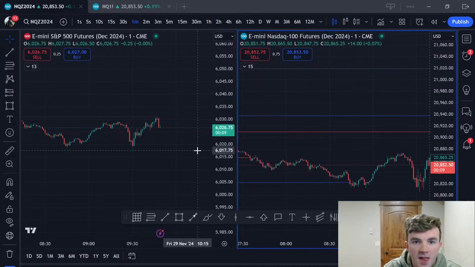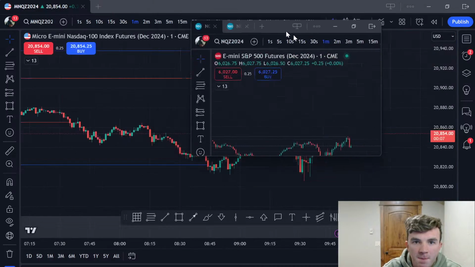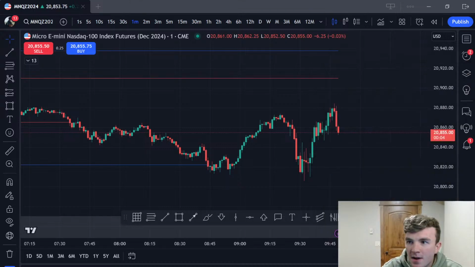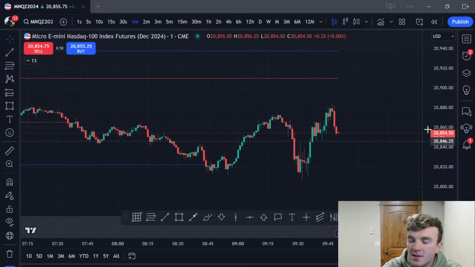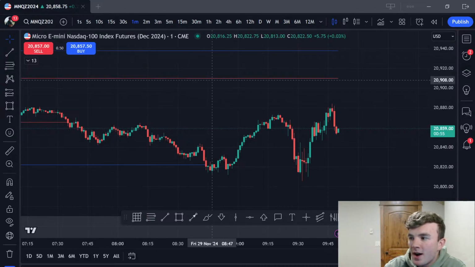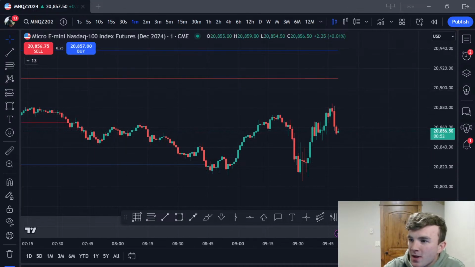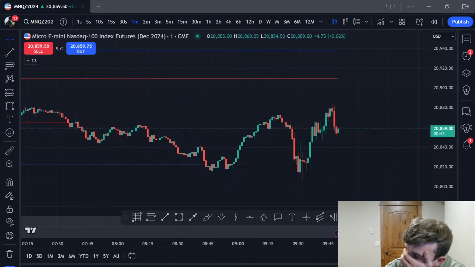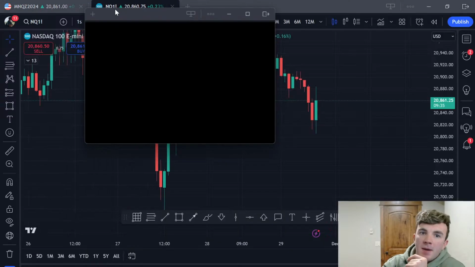I'm trying to think of how to put it. I want to be able to show you guys the higher time frame analysis I'm doing, but if I'm doing it on my other screen, then you can't see it. Okay, I have the idea.